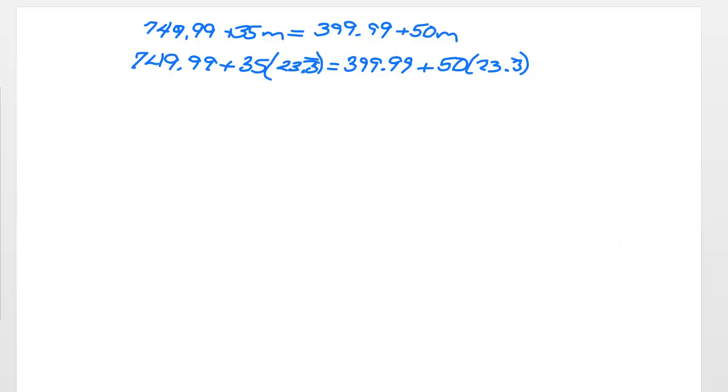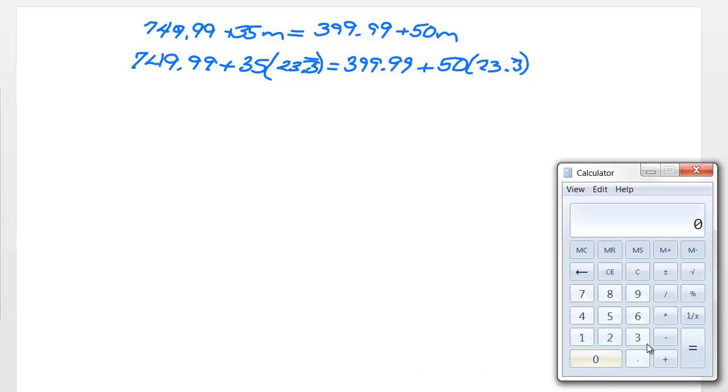So let's bring up a calculator and make sure that this is making sense. When we take 70/3, we get our 23.33333 repeating. Let's store that. We can just store it in memory.